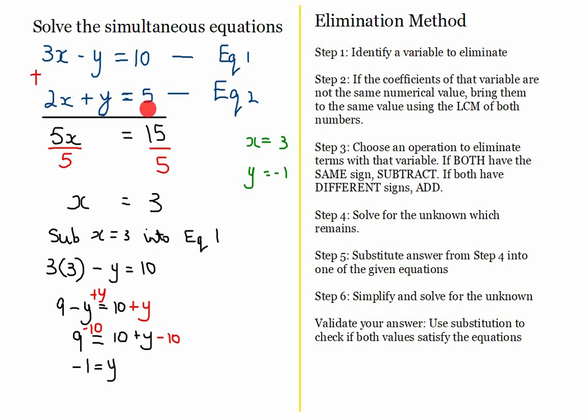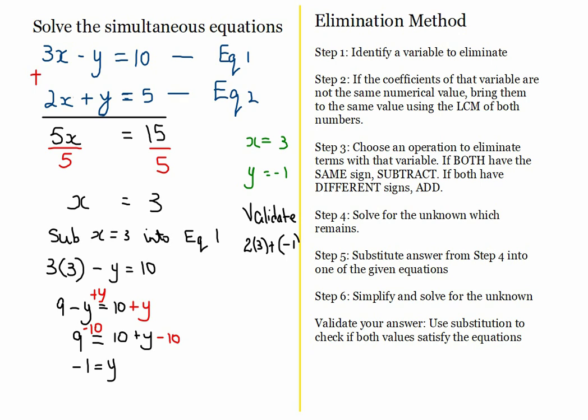And if they don't, well, I did something wrong. So let's see, am I correct? So my validation would look something like this. I'm going to replace x with 3 and y with negative 1.